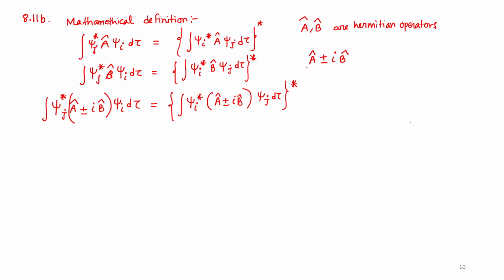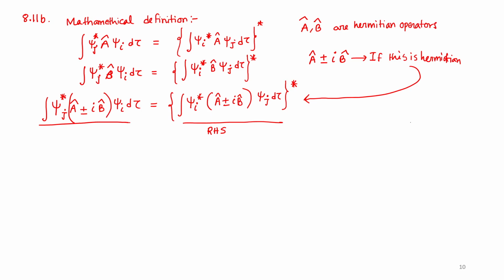So if this is Hermitian, then we will fulfill this. This is our right hand side, RHS, and this is our left hand side. Let's see if the left hand side equals the right hand side or not. I hope you are following. We use the left hand side.